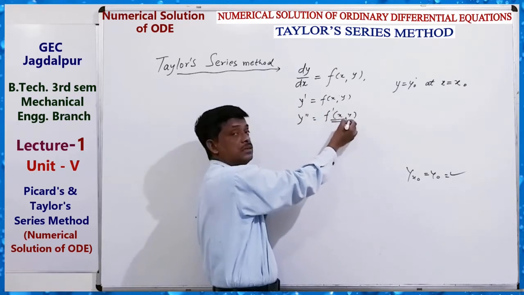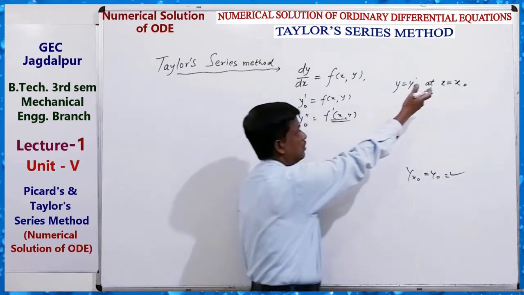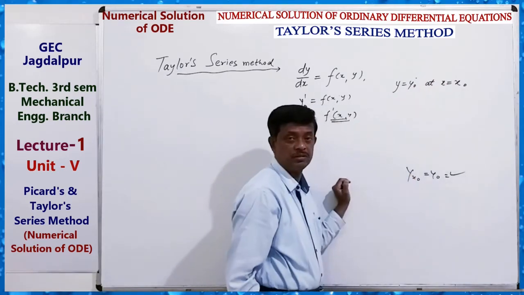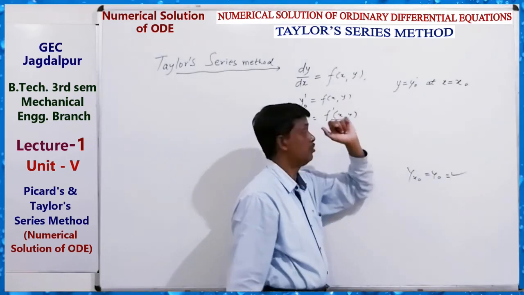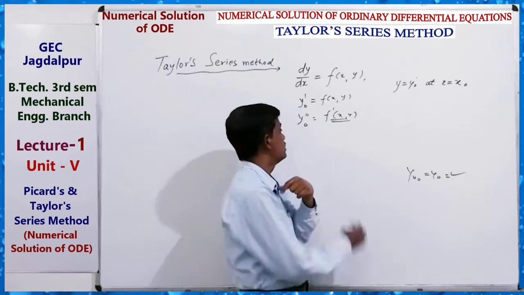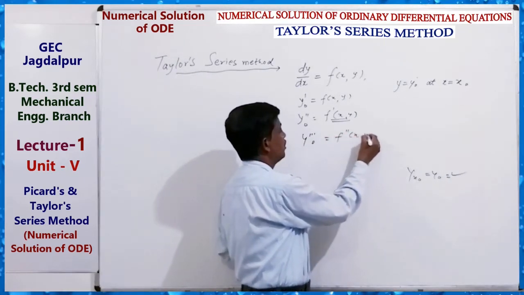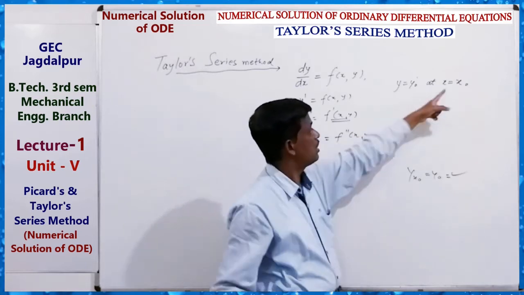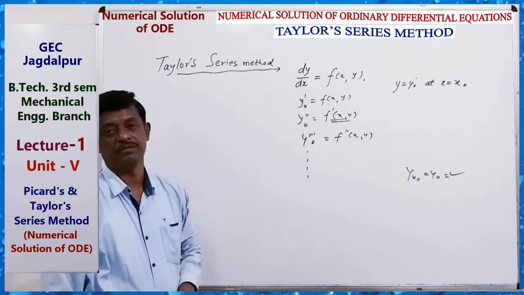After differentiation, put x equal to x0 and y equal to y0. You can get the second derivative. Similarly, you can get the third derivative at 0, f double dash of x,y; in place of x and y, put x0 and y0. Just you can get all the different order derivatives.